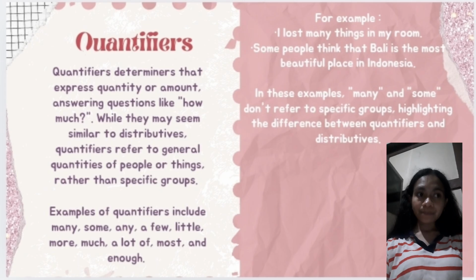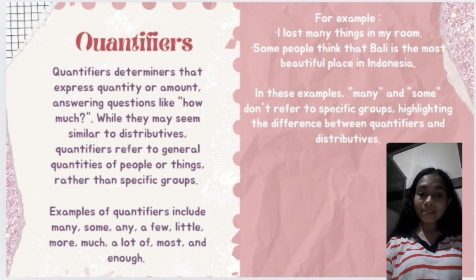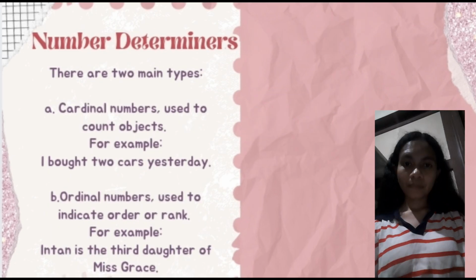For example, I lost many things in my room. Some people think that Bali is the most beautiful place in Indonesia. In these examples, many and some don't refer to specific groups, highlighting the difference between quantifiers and distributives.